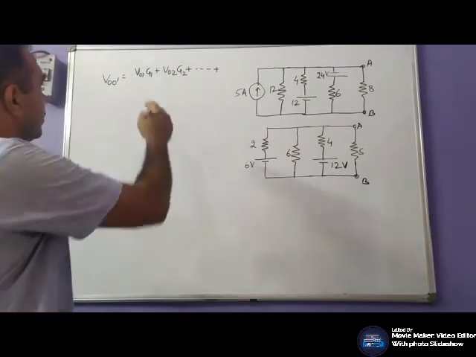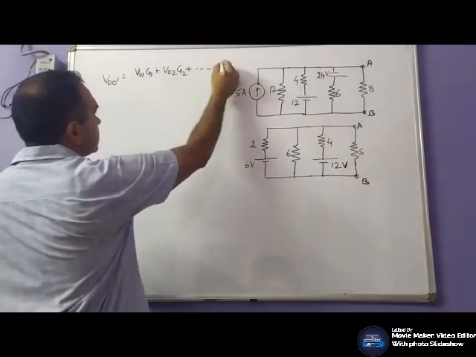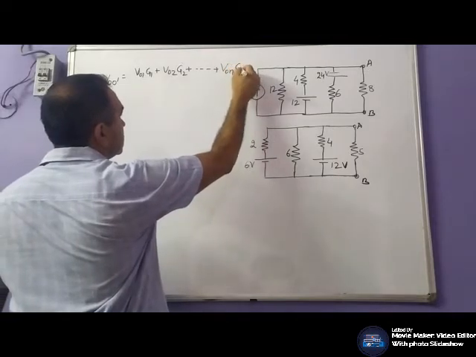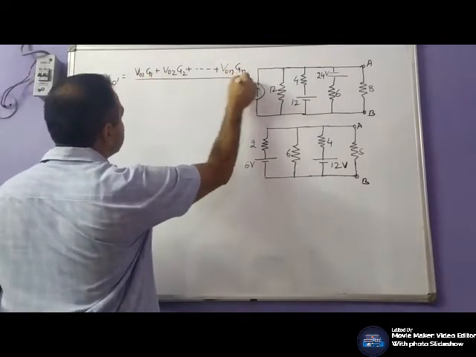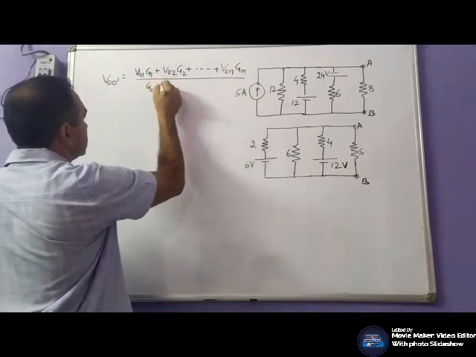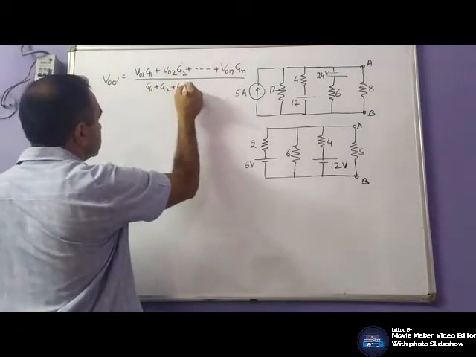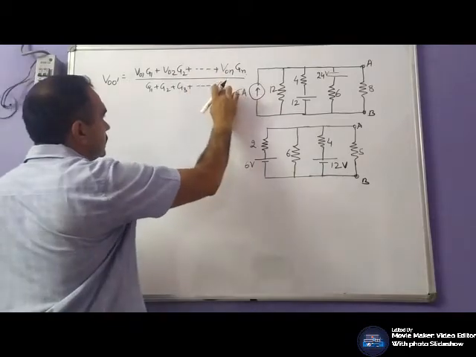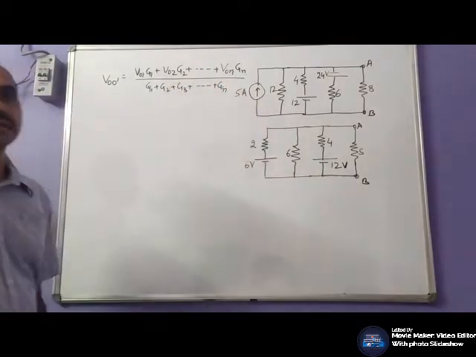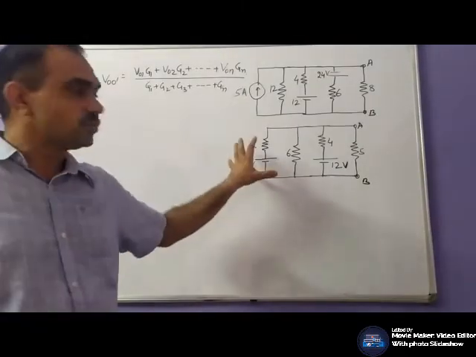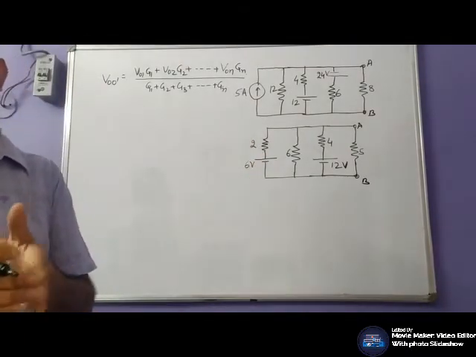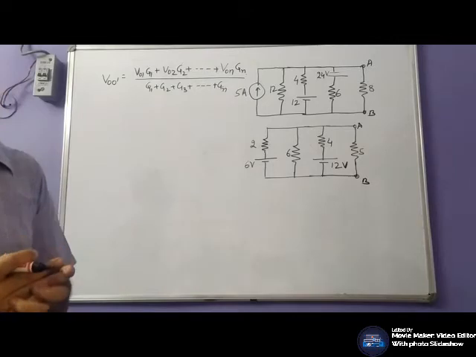As per Millman's theorem, our formula was this. We will solve it both ways, directly as well as like Thevenin's theorem.